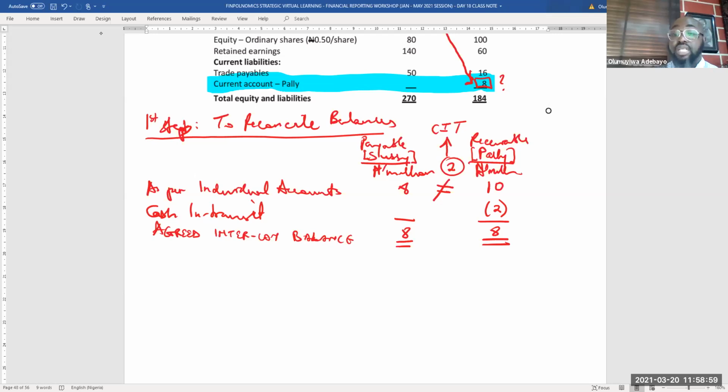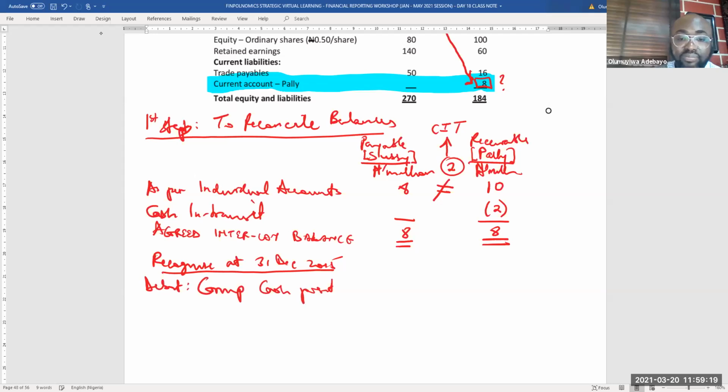How do we pass this entry of 2? We come here to recognize, as at the reporting date, that this cash is part of our group cash position, even though it's cash in transit.